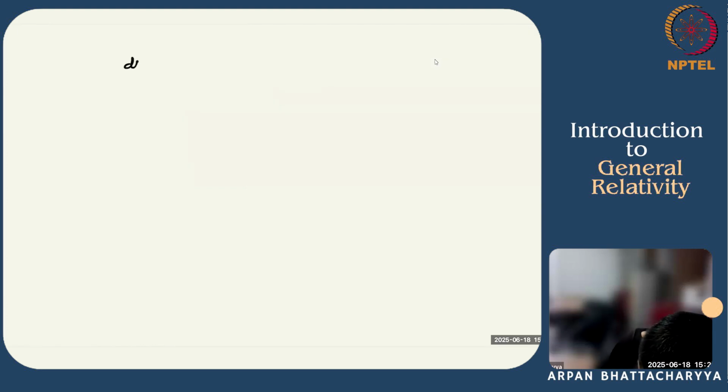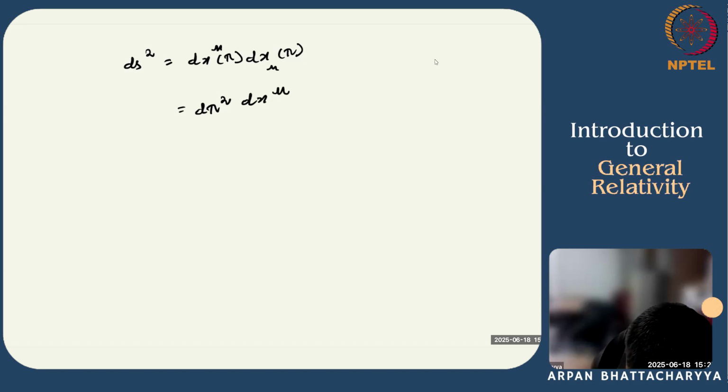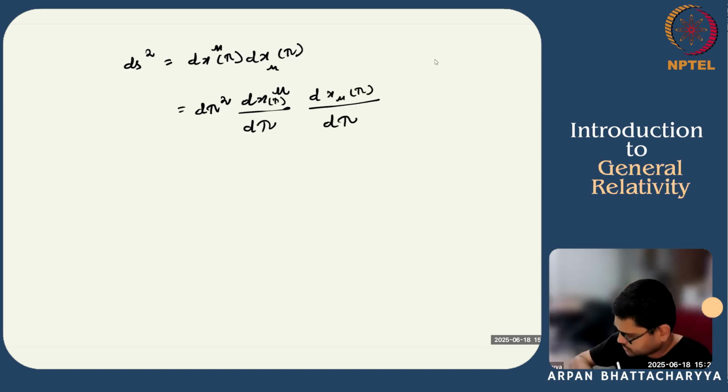Let's write the ds square the following way. So we know dx mu is a function of lambda now, because these are on the world line, and you can write it like that, d lambda square. We just use the chain rule.